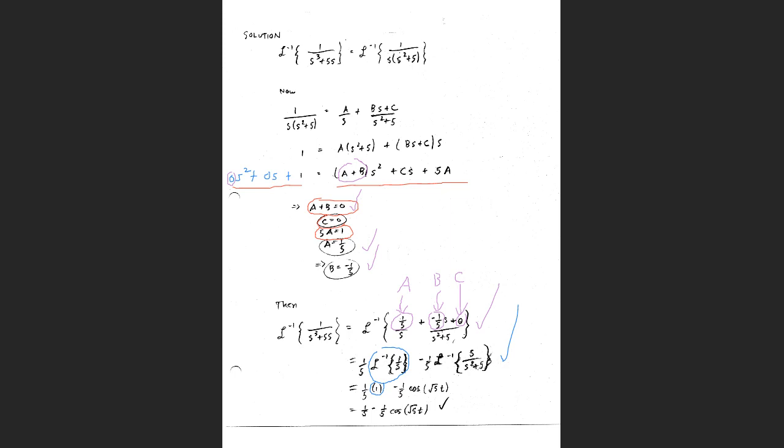The Laplace transform of the cosine of square root of 5t is equal to s over s squared plus 5. So the inverse Laplace transform of s over s squared plus 5 would just be the cosine of root 5t.